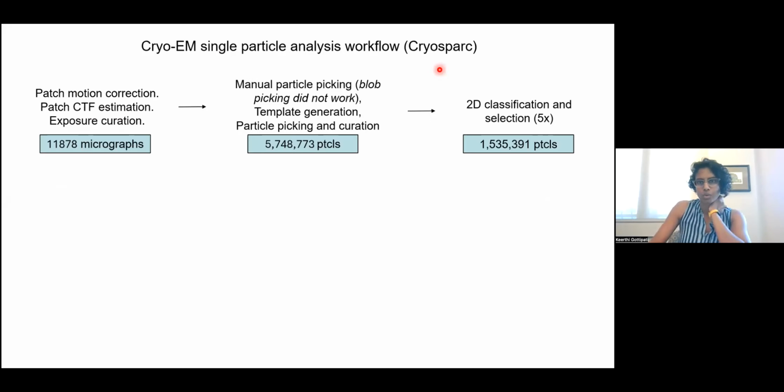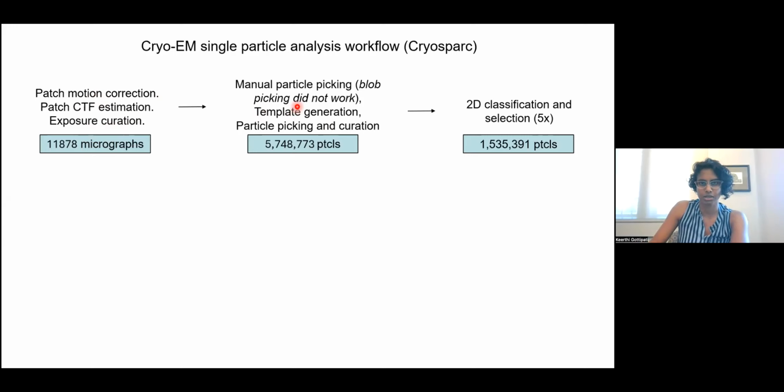So this is going over the Cryo-EM single particle analysis workflow following that data collection. Of the 13,000 movies that were collected, we were left with about 12,000 micrographs. All of this was done in CryoSPARC.